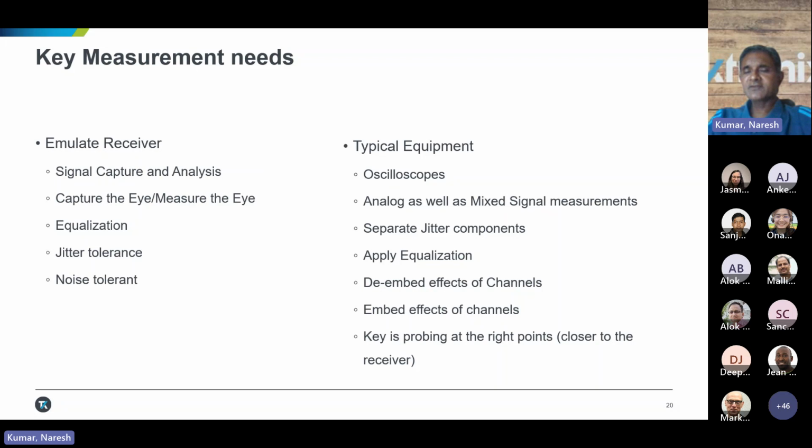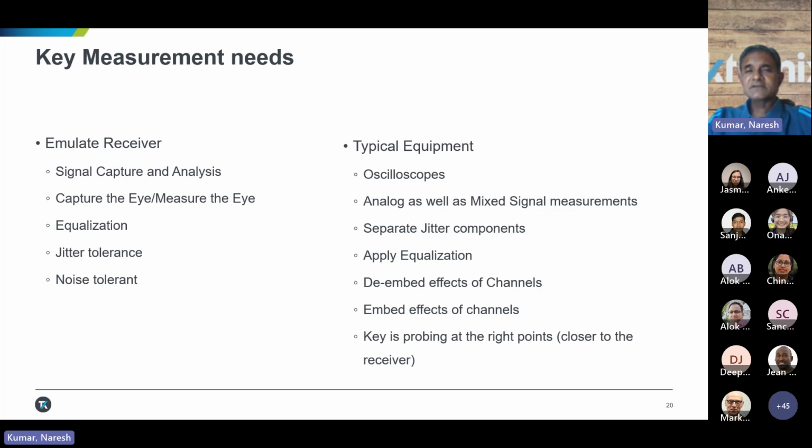This may not be in the case of what you call compliance test, but if you're really trying to do some debugging, you might want to have a receiver which can duplicate both a digital end as well as an analog end. Separate the jitter components so that you are aware of what the jitter characteristics are. You're preparing your designs to make sure that the jitter components which you measure can be eliminated or minimized when your final design is ready.